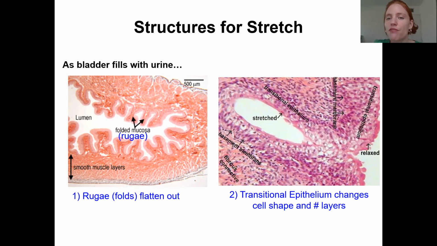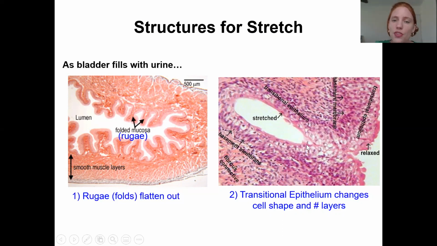But as the bladder fills more and more, they're going to roll past each other and flatten out. And so you end up with something that looks a lot more like simple squamous epithelium instead of something that has a bunch of layers. Both the number and the shape of the cells changes.